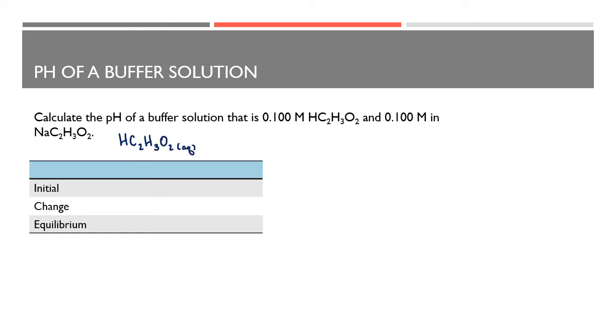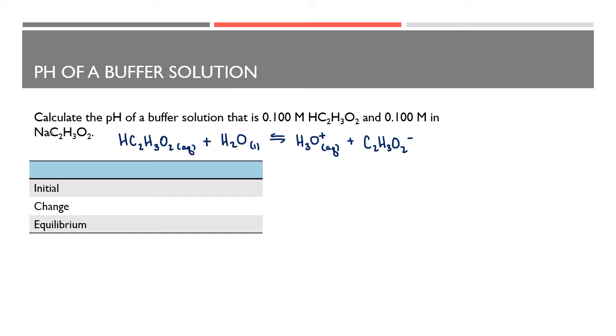I'm going to start out by writing out just the weak acid equilibrium reaction. I have the acetic acid in aqueous solution combined with liquid water to create the hydronium ion in aqueous solution and the acetate ion. So this is my acid equilibrium.